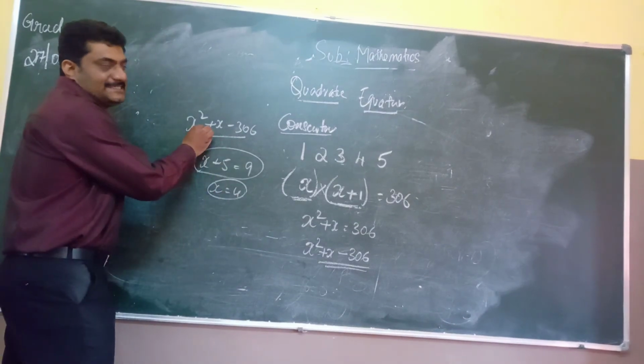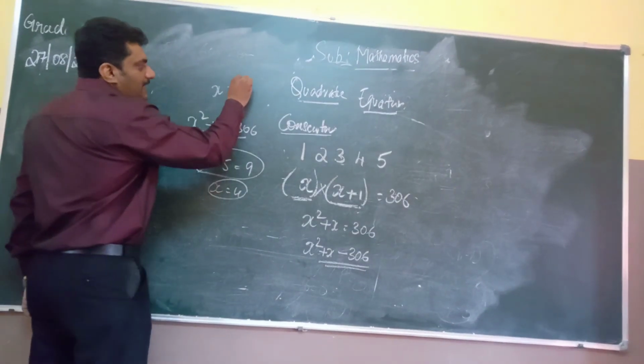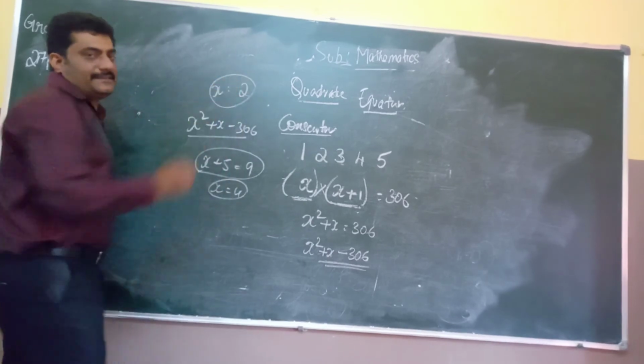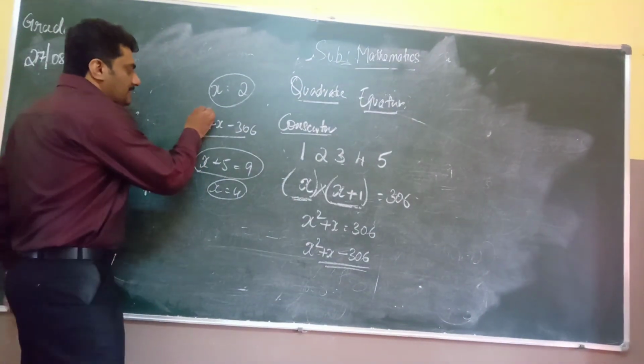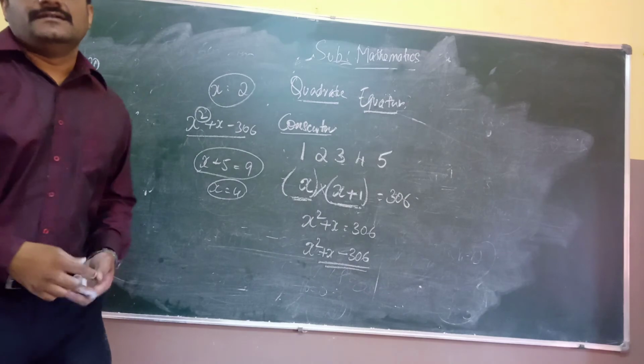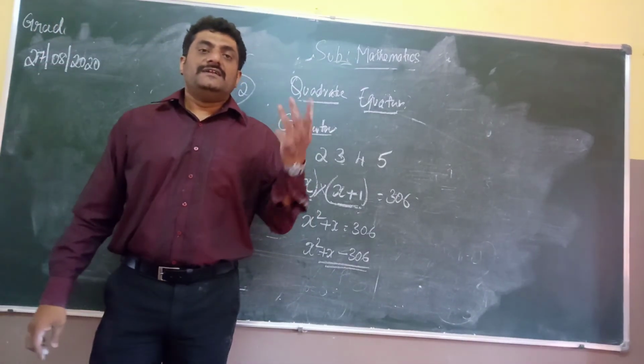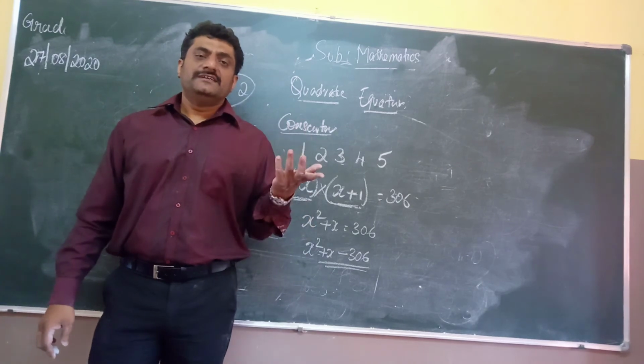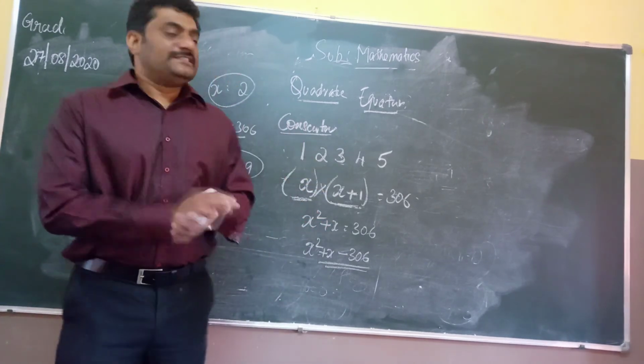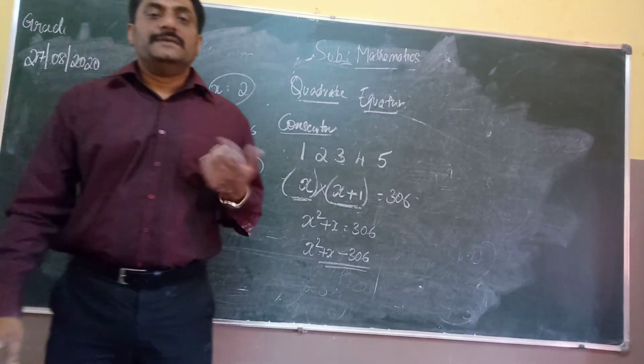But in this case, I will get two values because it is x squared. When it is x to the power of 3, you will get 3 values. When it is x to the power of 4, you will get 4 values. So it all depends upon the power how many values.